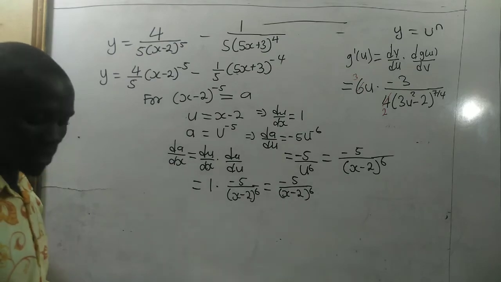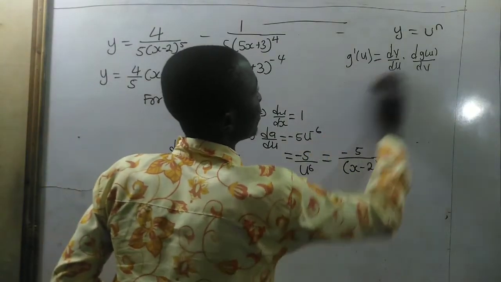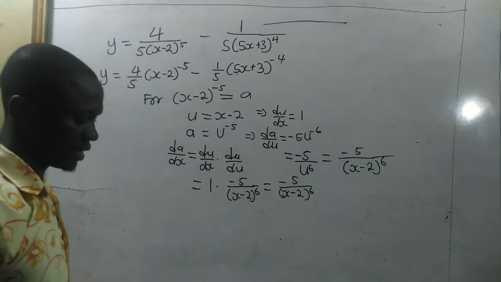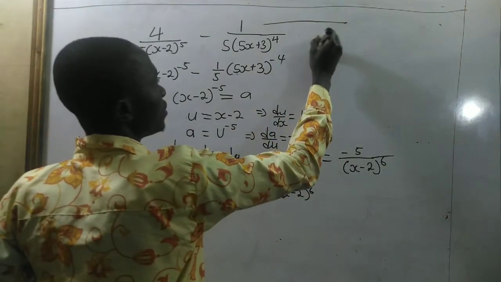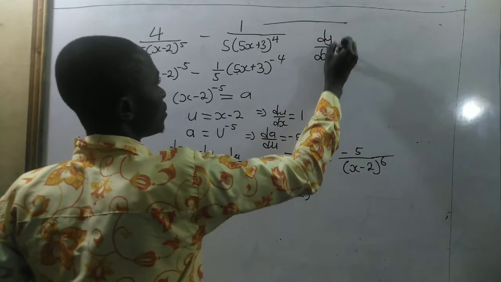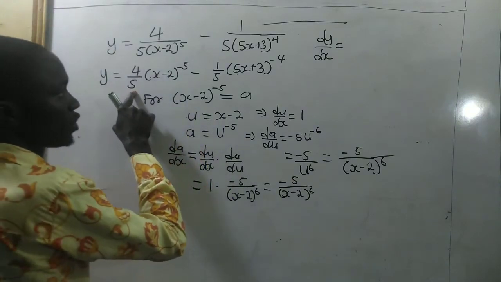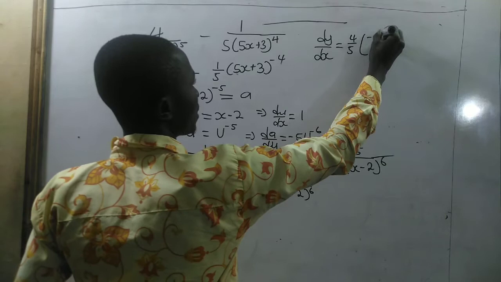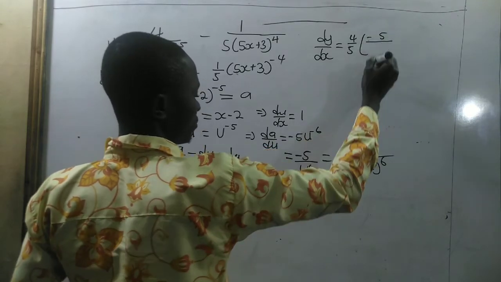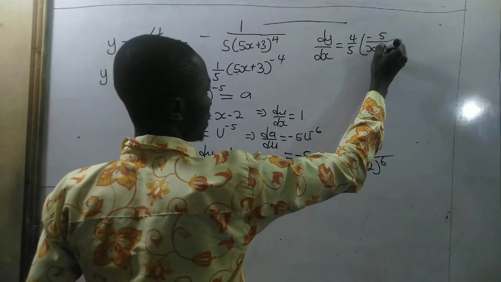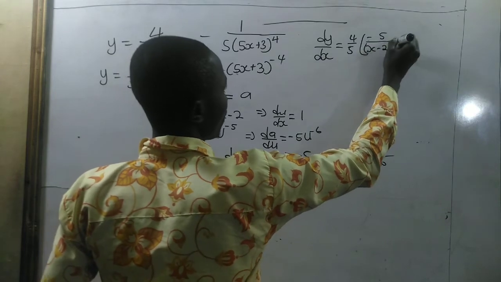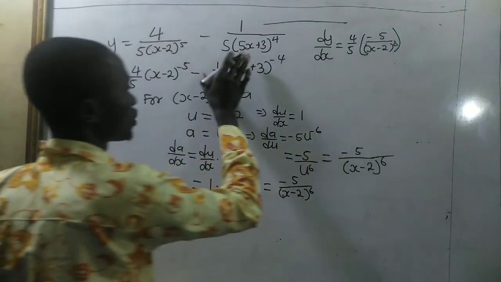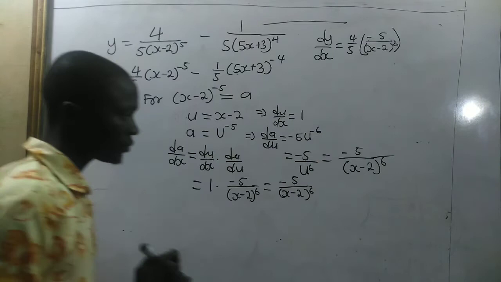Now, let's take this one here. We are writing here dy on dx to be equal to, we have 4 out of 5 here already. So we put 4 out of 5 times minus 5 on x minus 2 to the power 6. So let's wait for this one and then come and put it here.